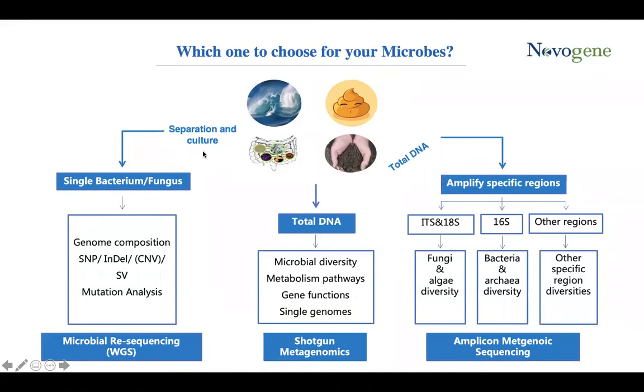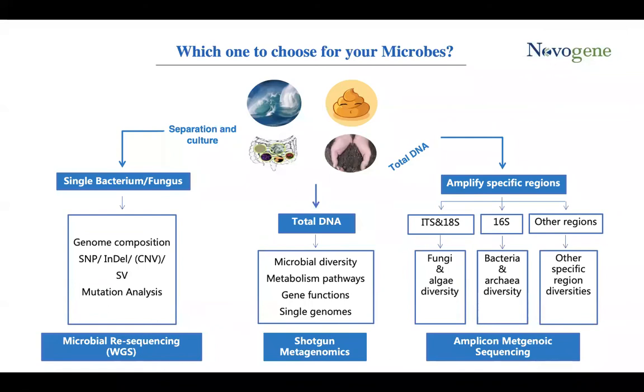The most common goals are studying the genome composition, single nucleotide polymorphism, which is the SNP, insertion or deletion, which is the indel, and structural variation, SV. I put parentheses around copy number variation, CNV, here because the structural genes of bacteria are always single copy.